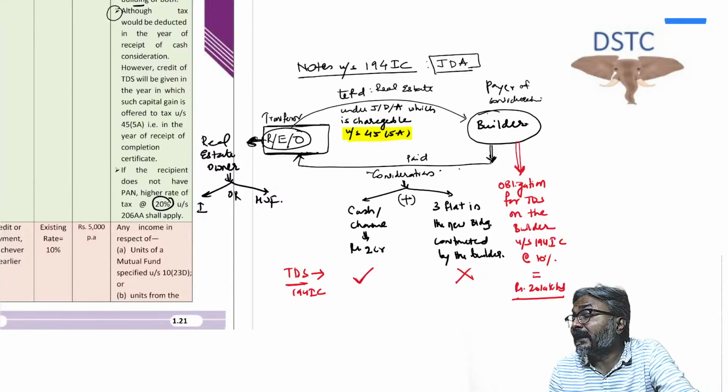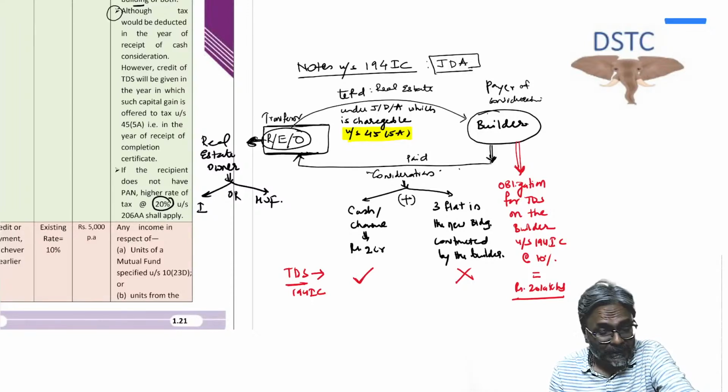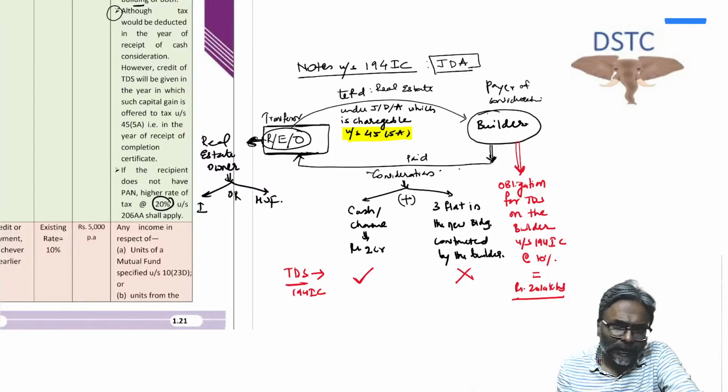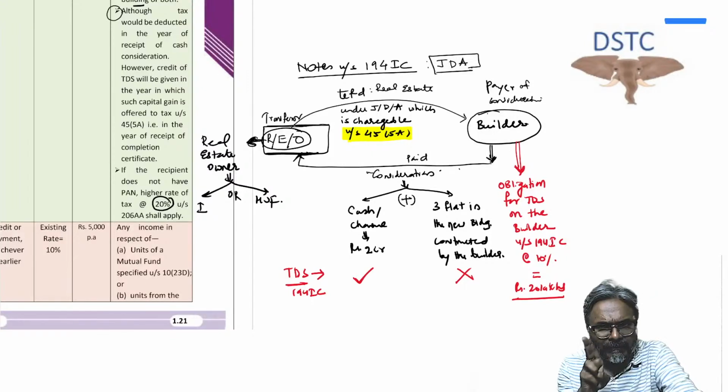Thereafter we did the next one, the last one, 194DA insurance, which is at 5%. Then you have 194LA and 194IC, and the rate over there is 10%.